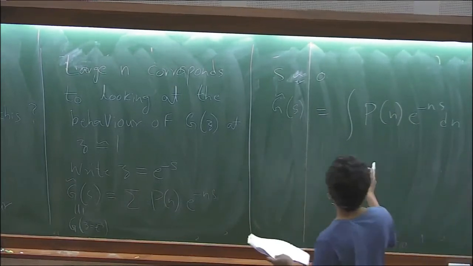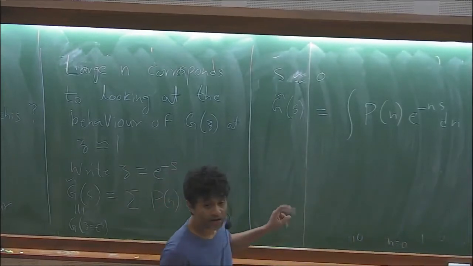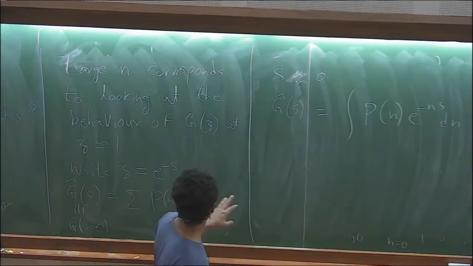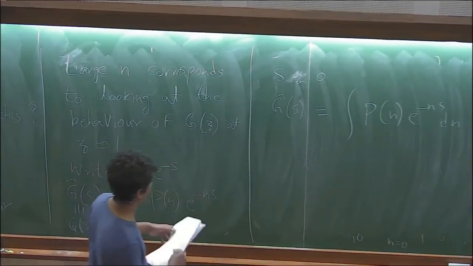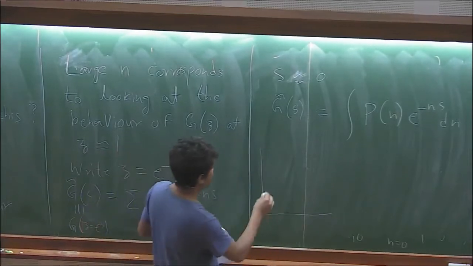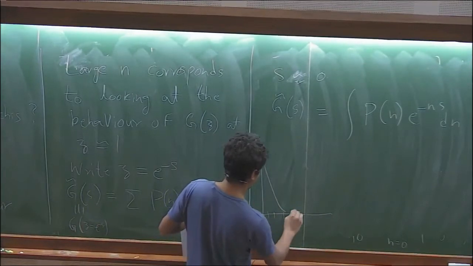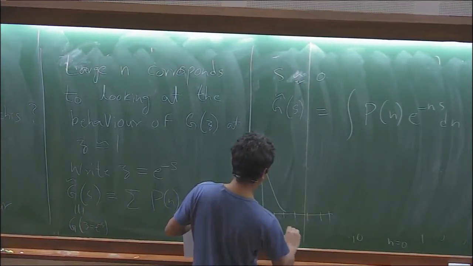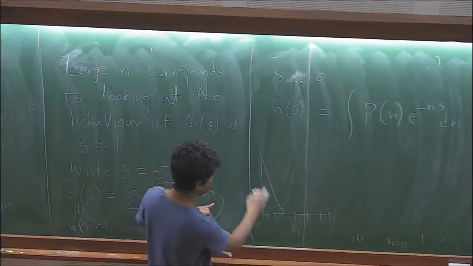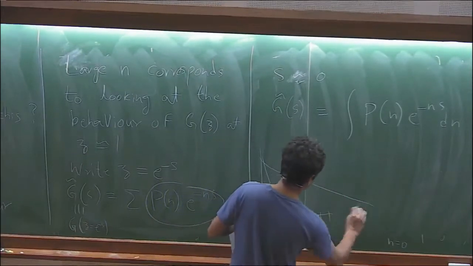Okay, so now if you look at this integral, this object out here, if s was large, of course it would look like that. As a function of n, you are plotting the integrand. If s is large, it would look like this, but if s is small, then it looks like something like that.